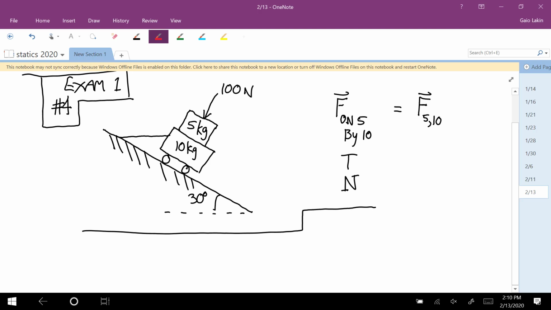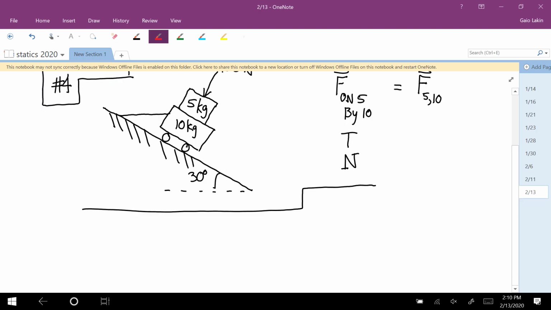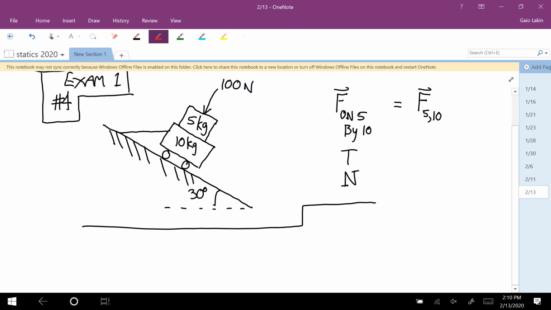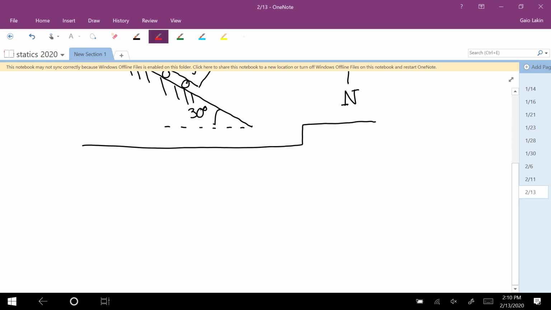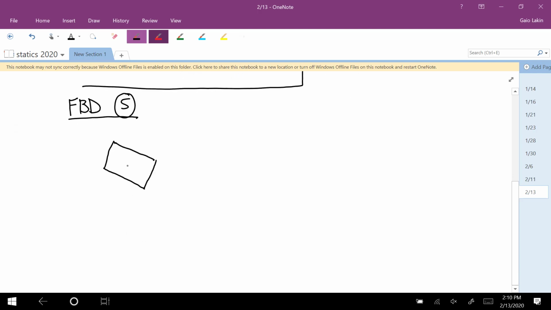To calculate the force on the 5 by the 10, we can just isolate the 5. So a free body diagram of the 5 kilogram. There's a weight force of 5 times 9.81, so 49.05.